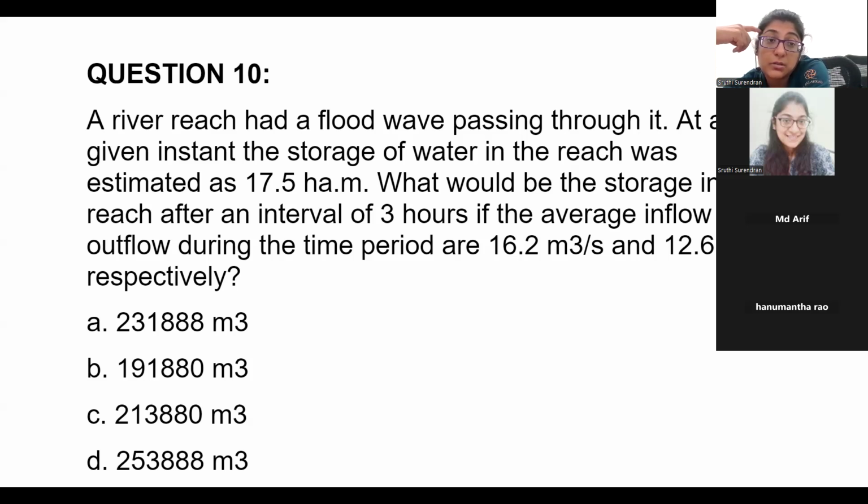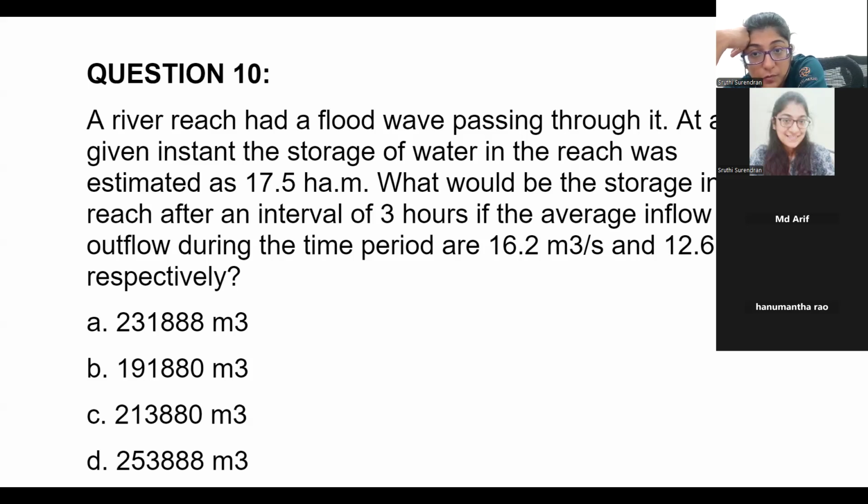They give the initial storage as 17.5 hectare-meter. Since the final answer is required in meter cube, we need to convert it. So 1 hectare is equal to 10 to the power 4 meter square, so you will get 17.5 into 10 to the power 4 meter cube. They are giving us a duration, 3 hours.